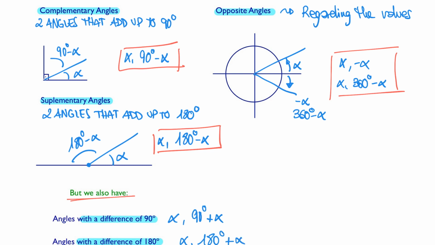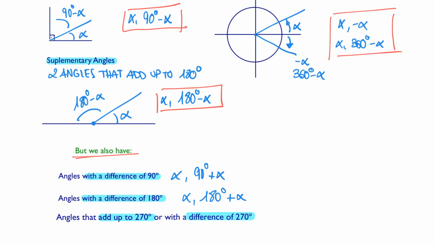And we can do the same thing with 270. Two angles that add up to 270. So in this case we have alpha and 270 minus alpha, or with a difference of 270, so alpha and 270 plus alpha.